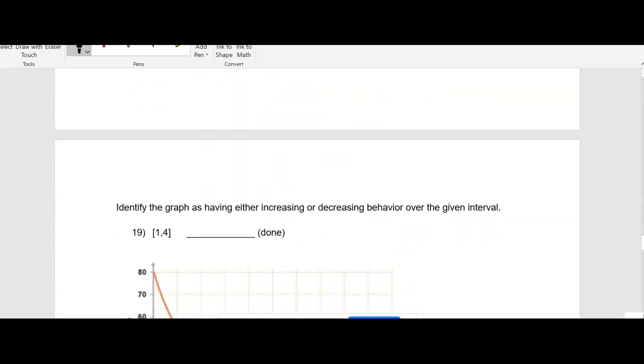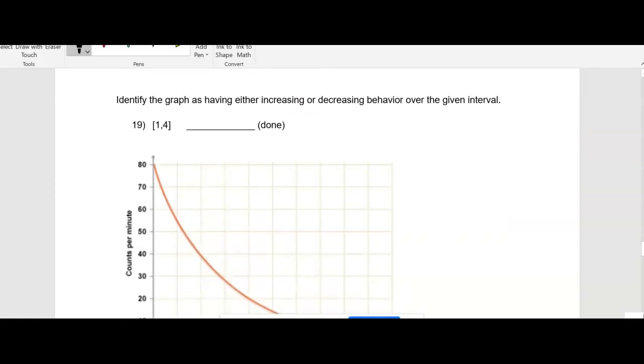Yeah. So kind of look all these over. Just again a review. You know, that kind of increasing, decreasing. This is decreasing the whole time from 1 to 4. You know, just be able to identify when we're increasing, when we're decreasing. Couple other things. Be able to find a GCF tomorrow. I didn't necessarily put that on the review. That we've done multiple times, be able to do that.